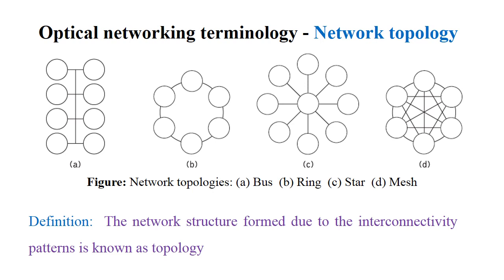In case of star topology, there will be a center node from which to all other nodes there will be an individual connection, forming a star-like structure. In case of mesh topology, it appears on the outer side as a ring topology, but internally, each one of these nodes has a point-to-point connection with each other node present in the complete network.